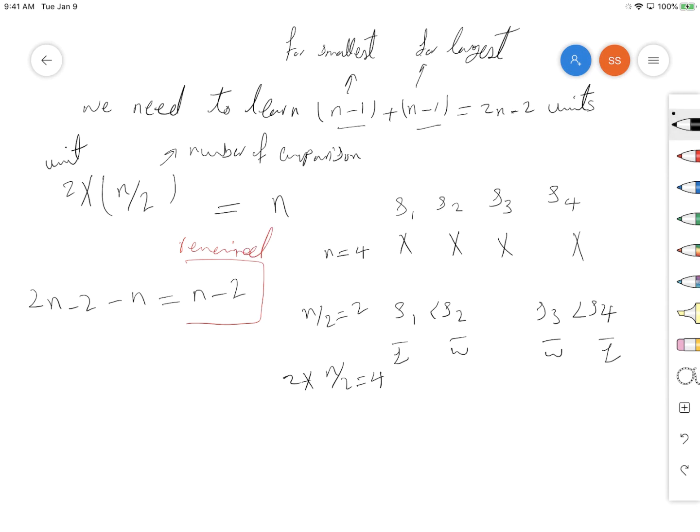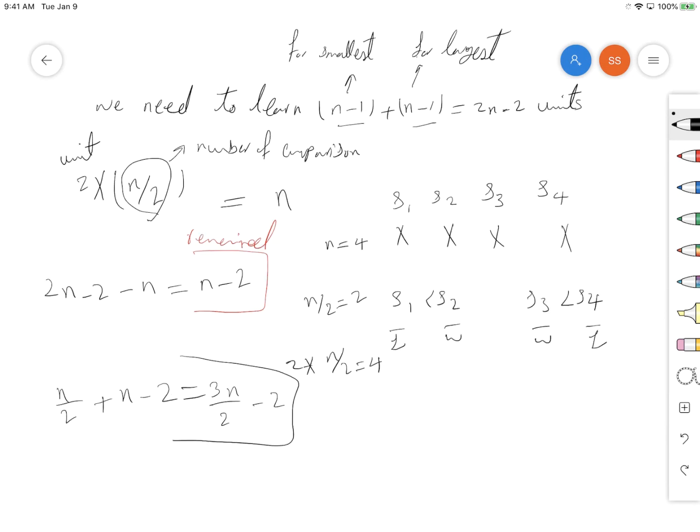For this n minus 2 information, we need to do another n minus 2 comparisons. So we had n divided by 2 comparisons here, and another n minus 2 comparisons. So the number of comparisons will be n divided by 2 plus n minus 2, which together is equal to 3n divided by 2 minus 2, as the total number of comparisons that we need to do, or at least the total number that we need in the worst case.